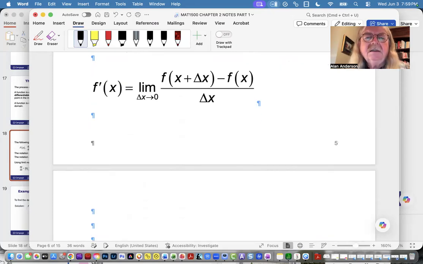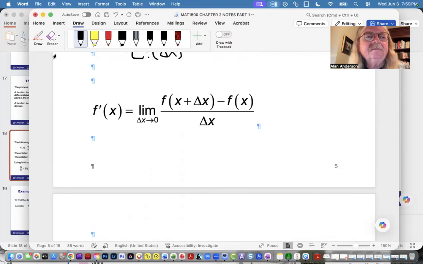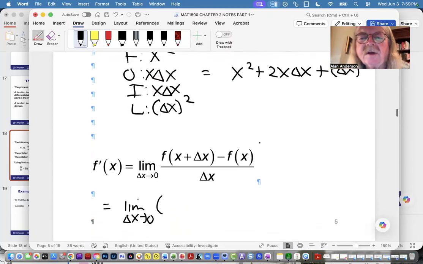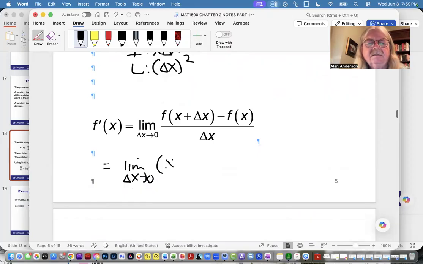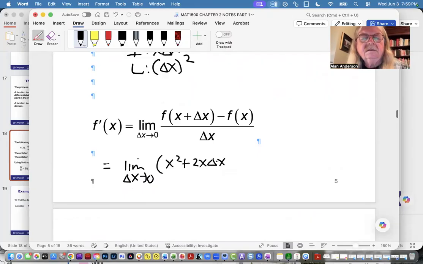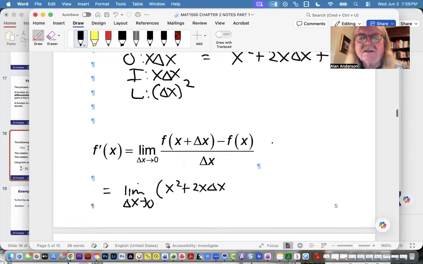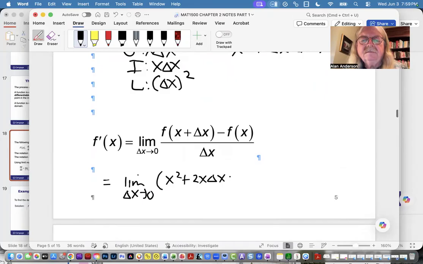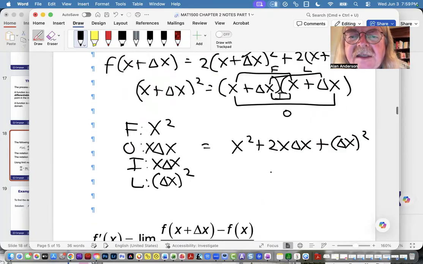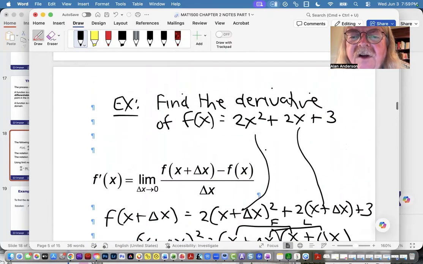All right, so once again, this was x squared plus 2x delta x plus delta x squared. Now, here's the thing though, don't forget the original function is actually 2x squared plus 2x plus 3.